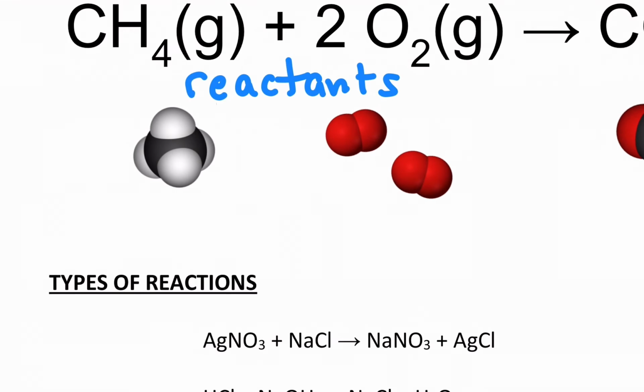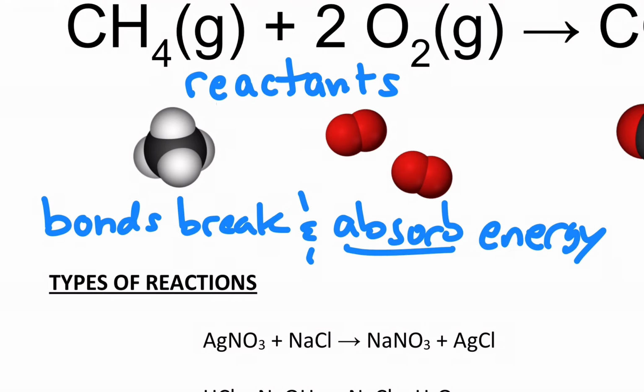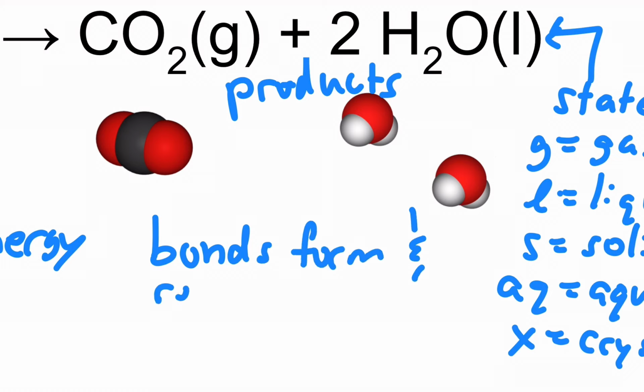Every time a reaction occurs, bonds break on the reactant side. Bonds break and absorb energy. That is always true. And then on the product side, products form, I should actually say bonds form, and release energy.